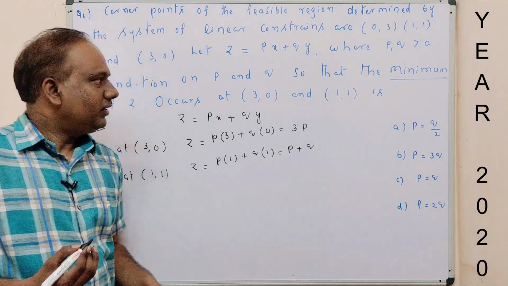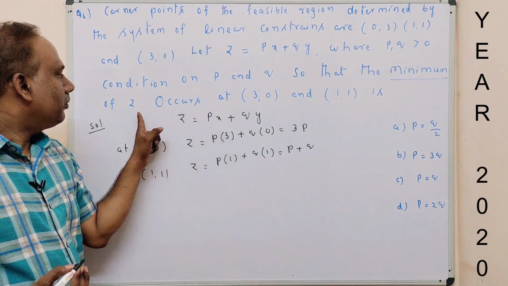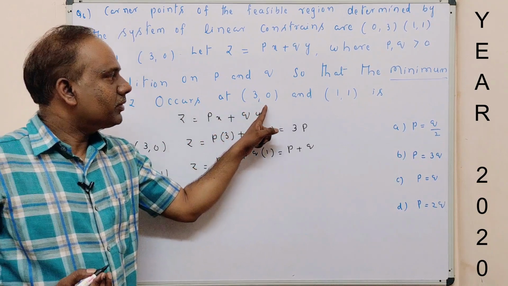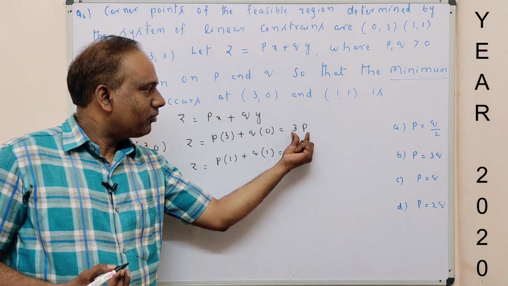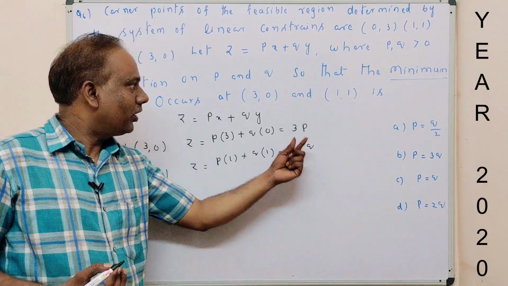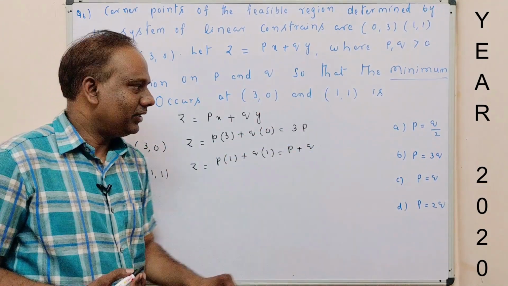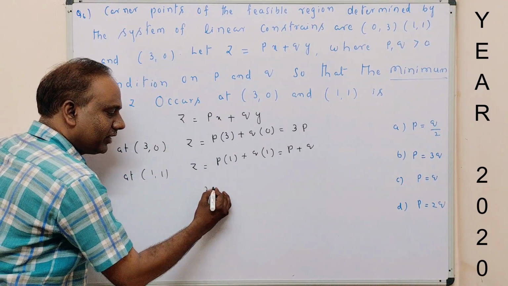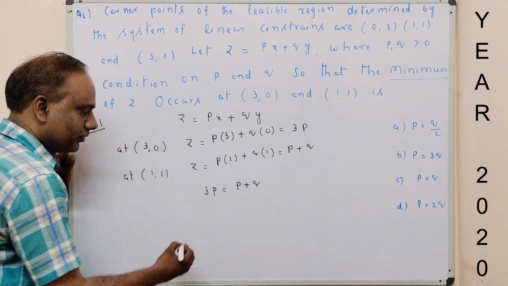So here the minimum value of z occurs at 3, 0 and 1, 1. So this is a minimum value, and this is also a minimum value. That means these two are actually equal. That means we can equate 3p is equal to p plus q.